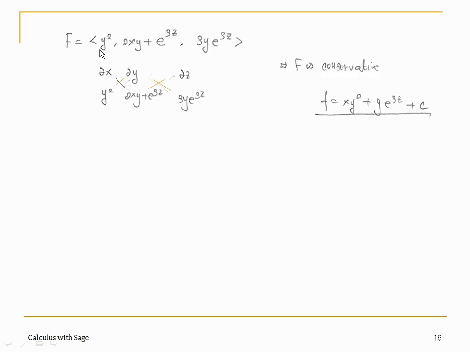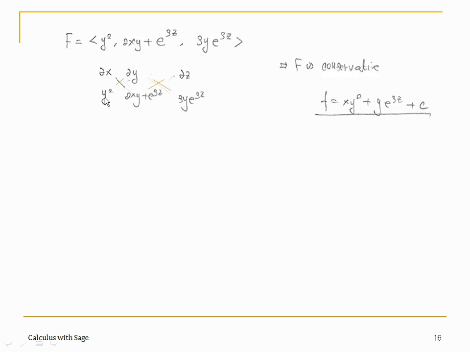Suppose F is a vector function like this. Then, as you see, M, N, and P are written like this, and ∂/∂x, ∂/∂y, and ∂/∂z are written like that. Then check. The partial derivative of y squared with respect to y is 2y. And the partial derivative of this with respect to x is also 2y, isn't it? They are the same. Similarly, the partial derivative of this with respect to y is 3 times e to the 3z, and the partial derivative of this with respect to z is 3 times e to the 3z, isn't it?